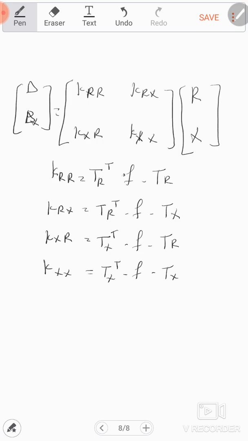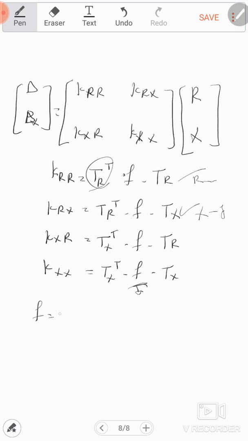So Tr we already found, and just make it inverse. Tx we already found from the internal forces. This is from the R system and this is from the X system. For the F value, it's the length of each member.